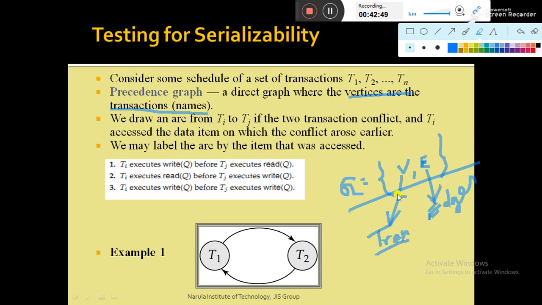Again I'm repeating, first we have to represent the schedule with the help of a precedence graph, which is a directed graph represented as G equals (V, E), where V is a set of vertices.